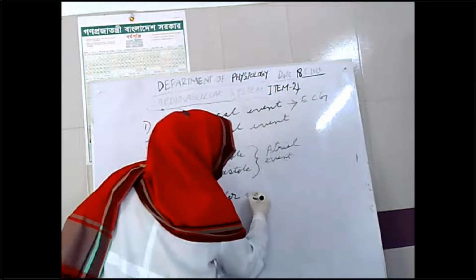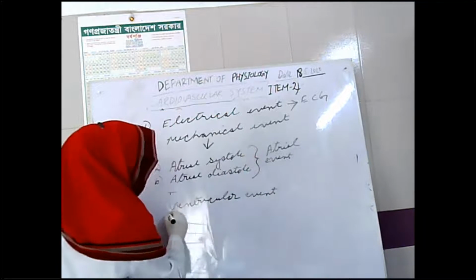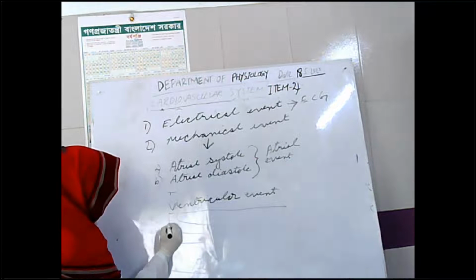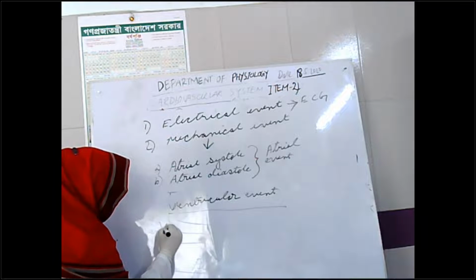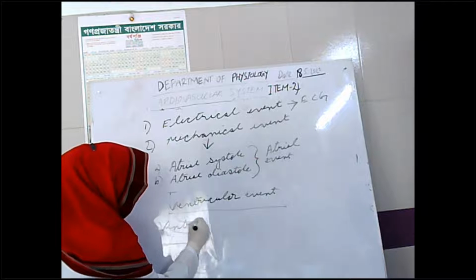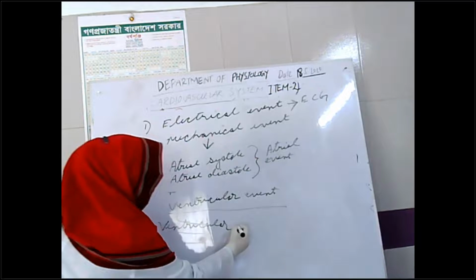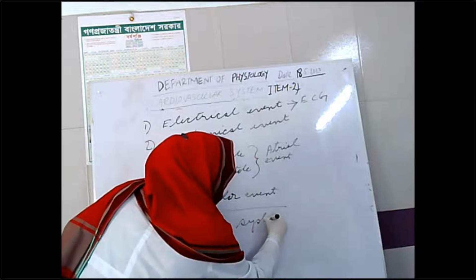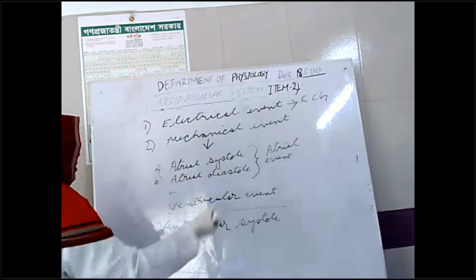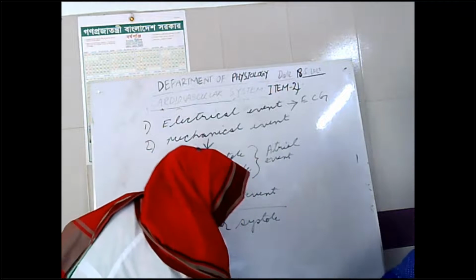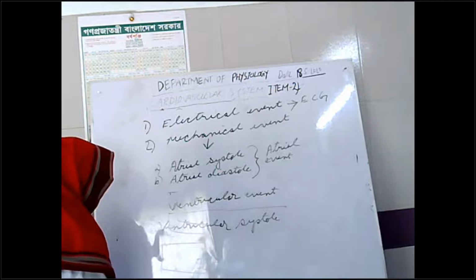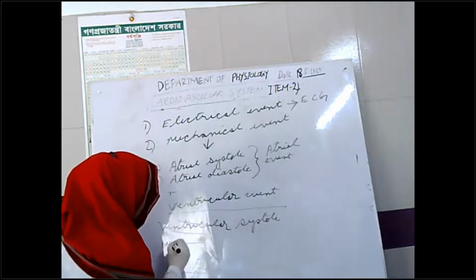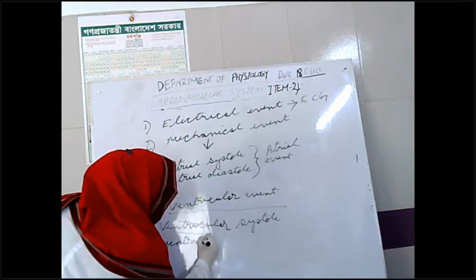Now, the ventricular event. Under the ventricular event, there are ventricular systole and ventricular diastole.